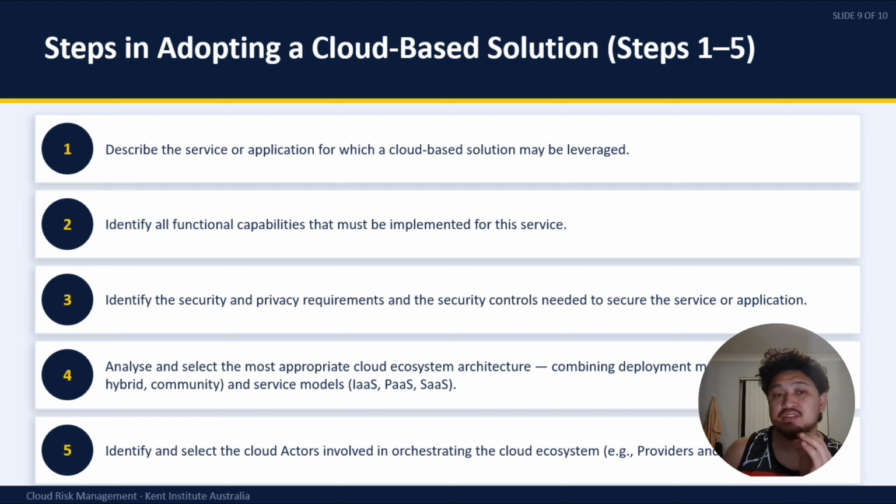This means combining a deployment model, which is private, public, hybrid, or community, with a specific service model, which are IaaS, PaaS, and SaaS. Step 5. Identify and select the cloud actors which will orchestrate the ecosystem. Who are the providers? Are brokers involved? Understanding who is responsible for what is critical before proceeding.